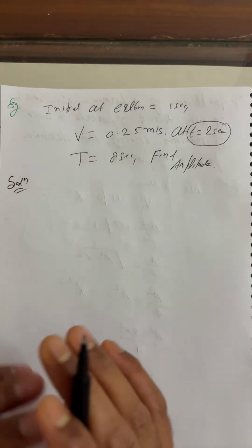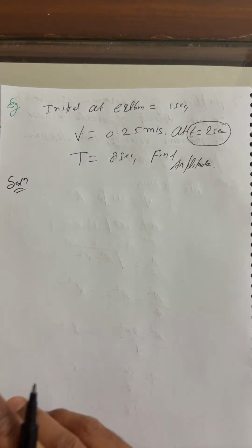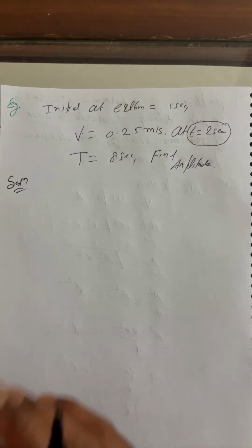Again, I'm repeating: a particle executing SHM is found to be at the equilibrium position at 1 second, and it is found to have a speed of 0.25 meter per second at 2 seconds. The time period of oscillation is 8 seconds. Find the amplitude of the particle.